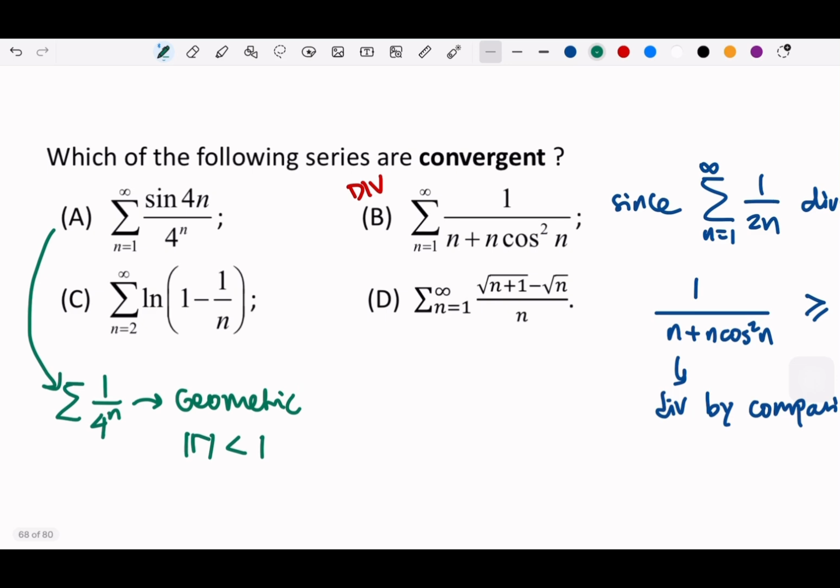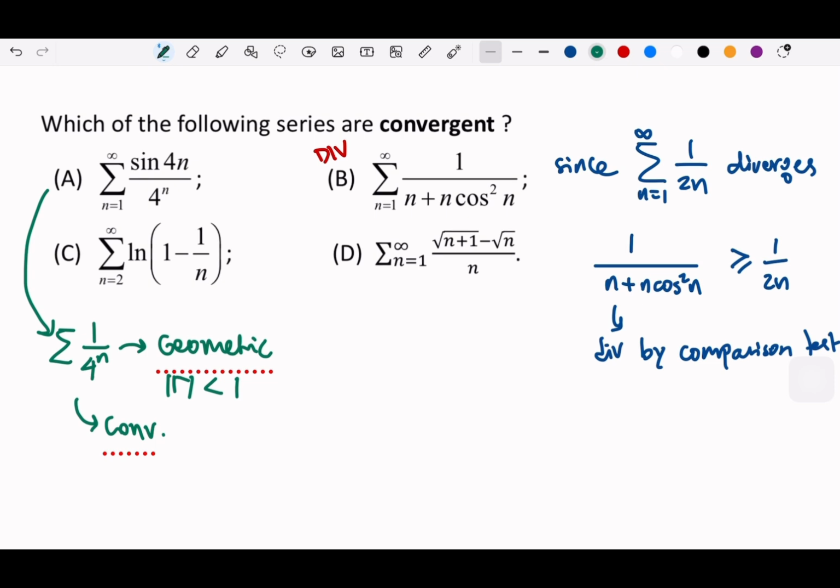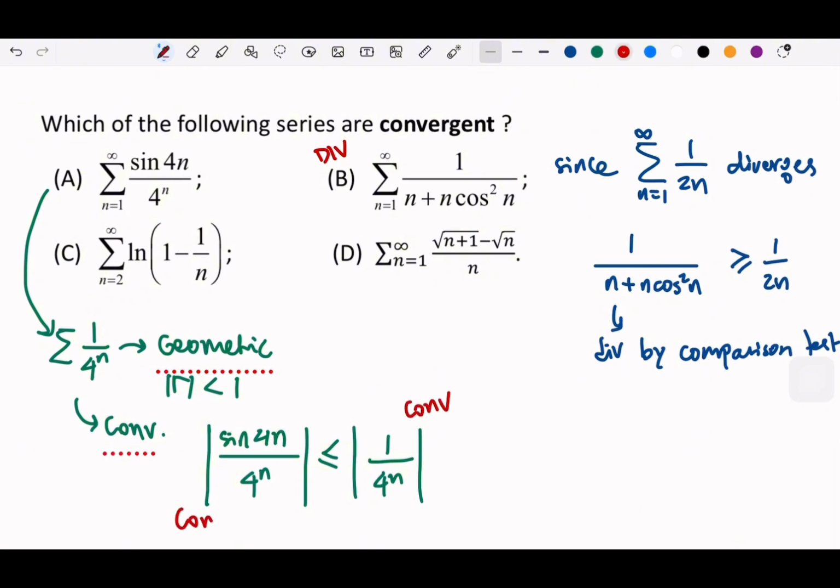So we know that this is going to converge. And the sine of n will always be less than or equal. If we want to make sure this is confirmed, we can take the absolute value. So this is always the case. And since this converges, then this will also converge.